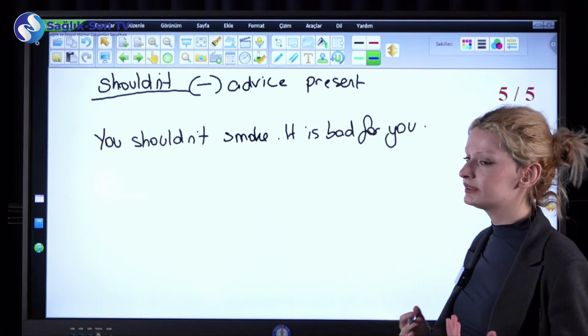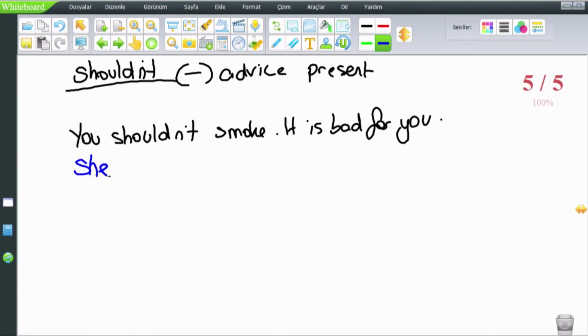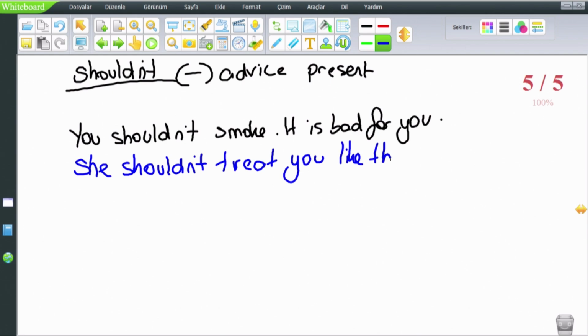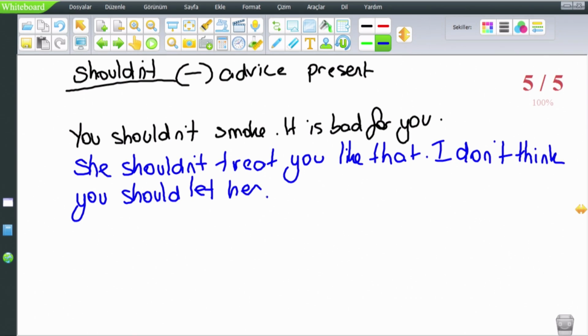In this one, you can see that I, again, am expressing my own opinion. She shouldn't treat you like that. I don't think you should let her. So we have two modals and two sentences here. She shouldn't treat you like that.